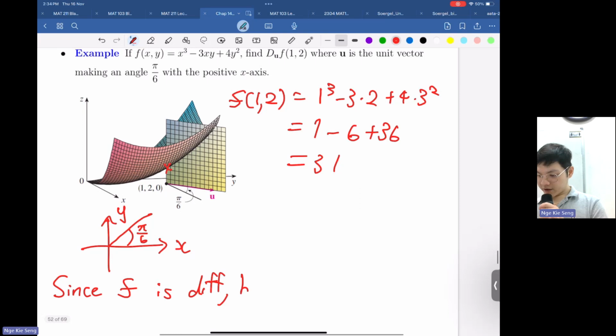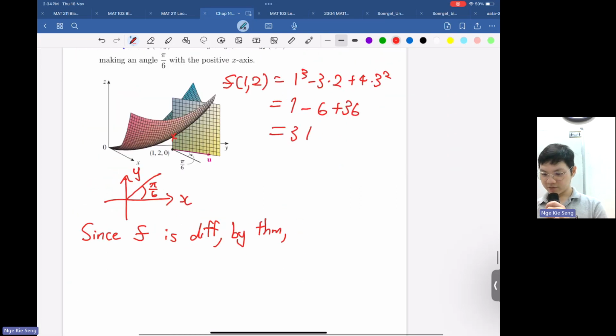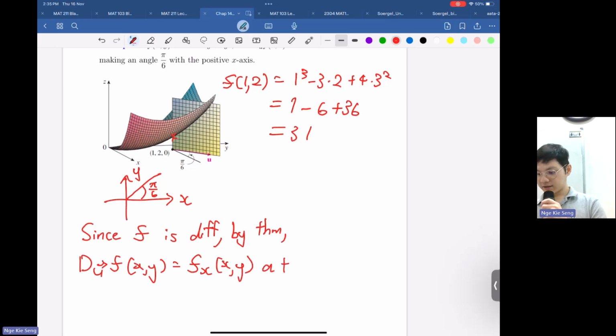So by the theorem, let's put out the formula first: the directional derivative of f at (x,y) equals f_x(x,y) times a plus f_y(x,y) times b. So what is (a, b)? It is the direction we want to differentiate, or along which we cut the surface.